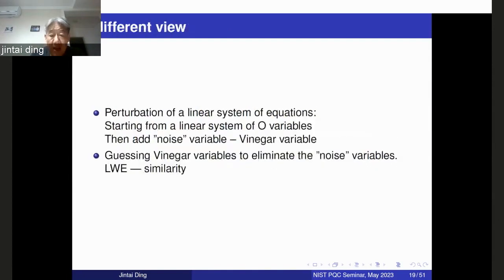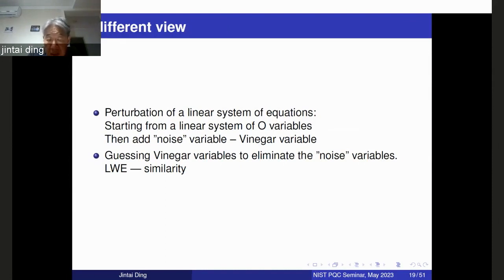Okay? And so, of course, as I said earlier, the oil vinegar signature schemes can be viewed as an extension of the linearization attack. But you can also look at it from a perturbation perspective.